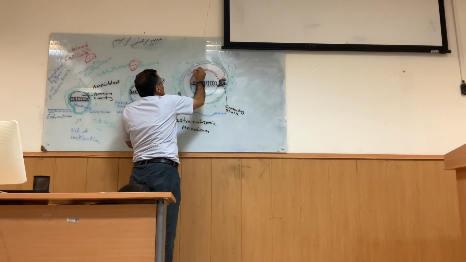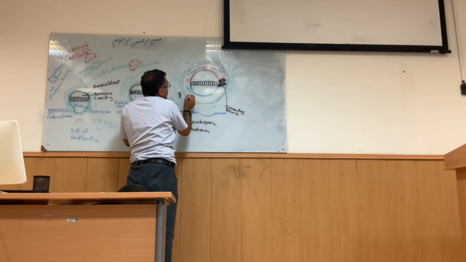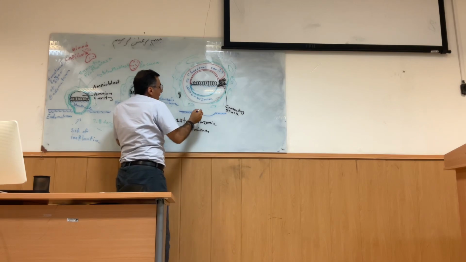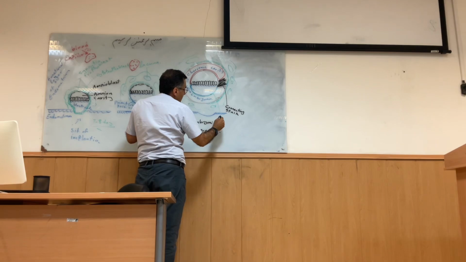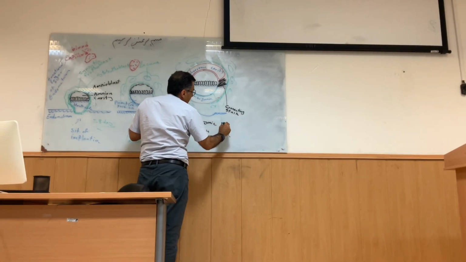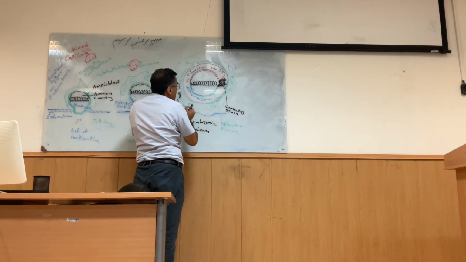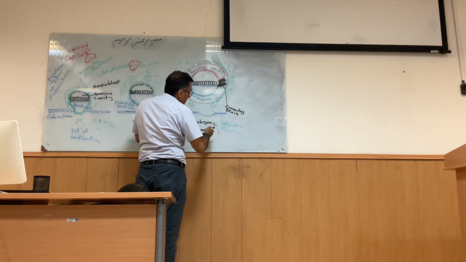Both of them are the name. And these green colors, this one, its name is splanchnopleuric, and the red one, its name is somatopleuric.